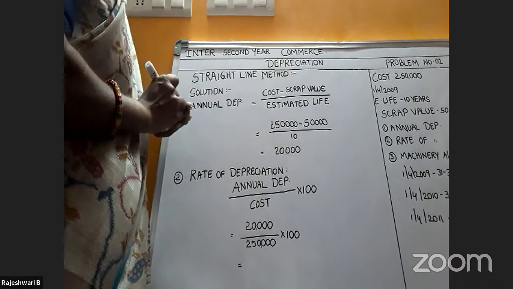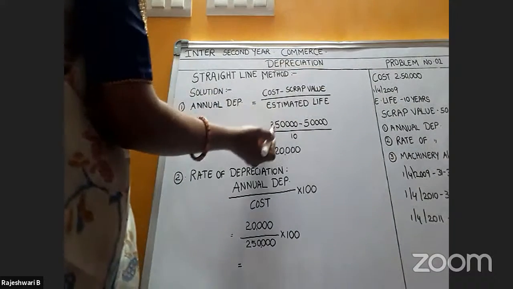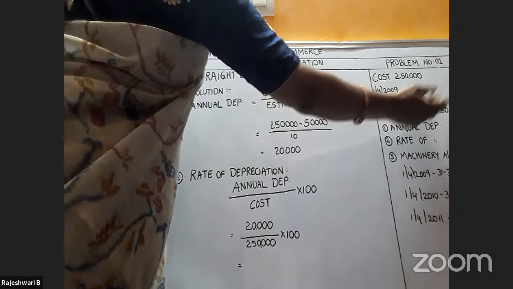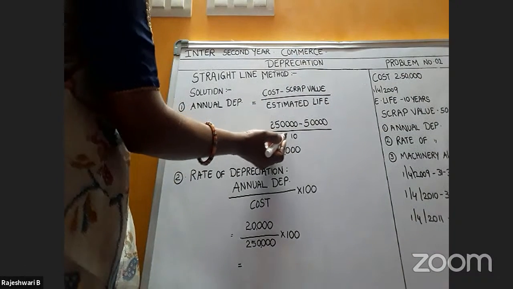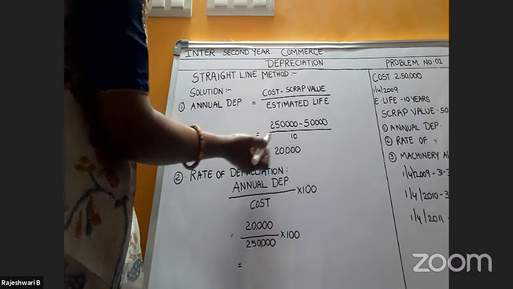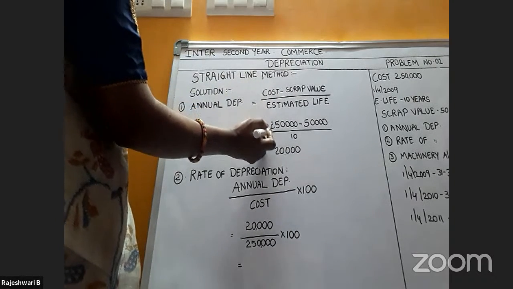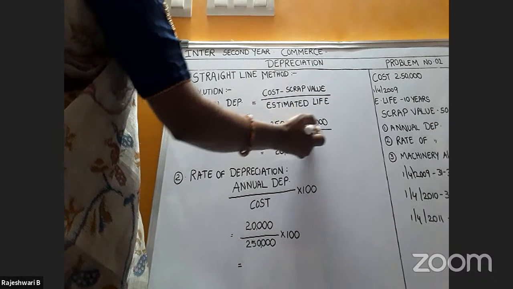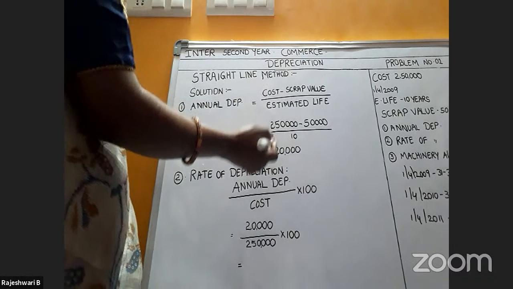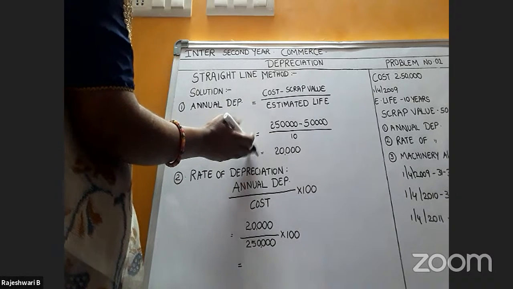The cost of the machine is 2,50,000, minus scrap value 50,000, divided by estimated life of 10 years. We will get 20,000 as annual depreciation.